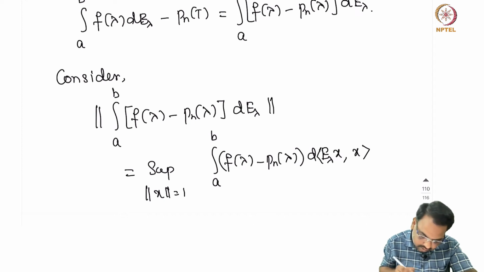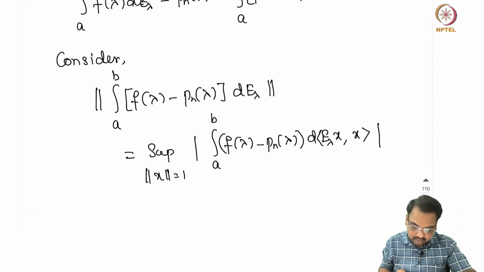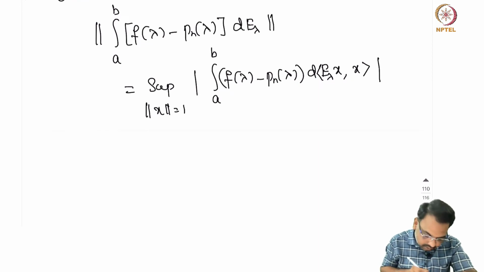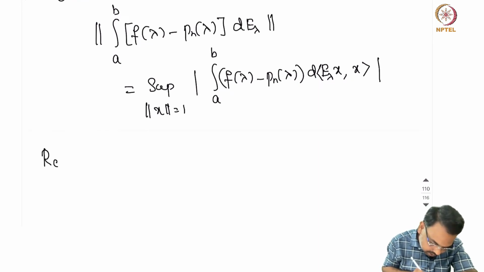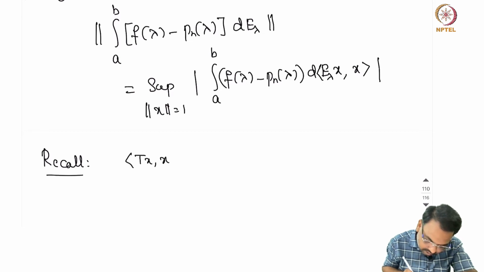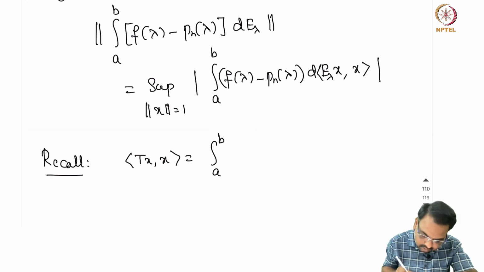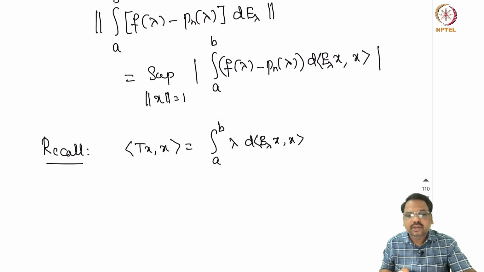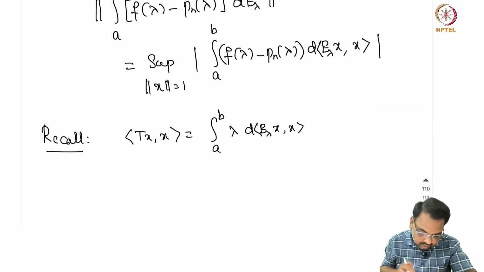This we have seen already, because we have seen that the inner product of dx with x is the integral a to b of lambda d inner product e lambda x with x. Now using this result we can conclude the above step.